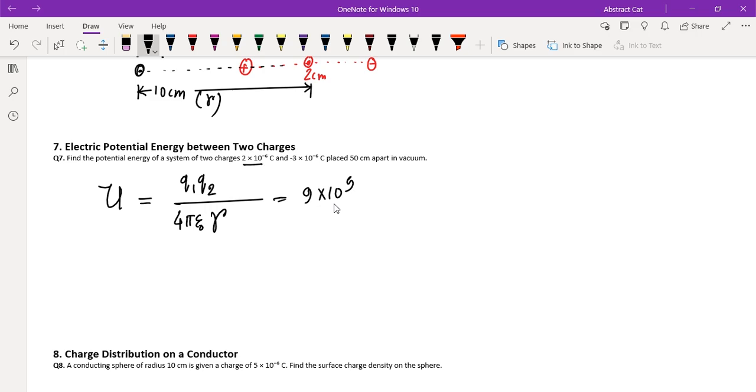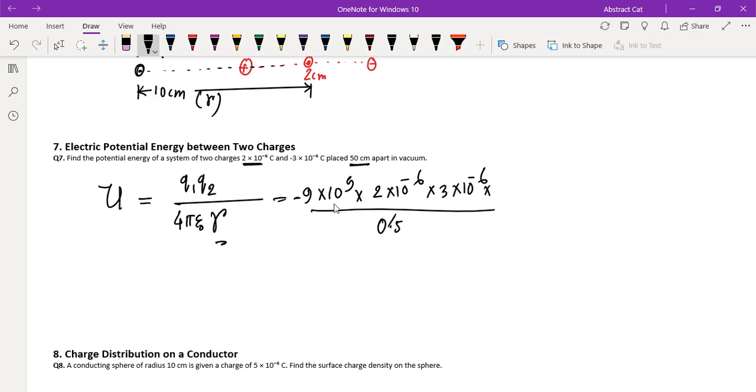The two charges given are 2 into 10 to the power minus 6 and minus 3 into 10 to the power minus 6 also. The separation R is 50 centimeter, now convert into meter, that is 0.5 meter.